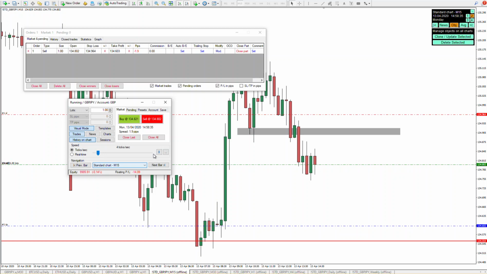It's really sideways. 50. So this is the open of London.